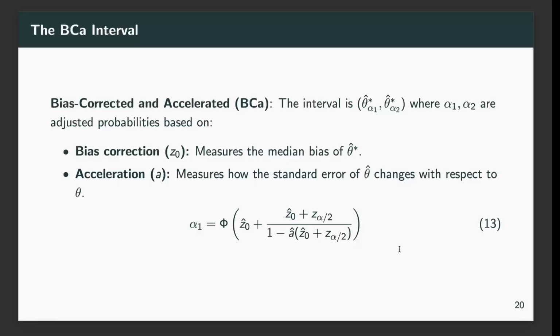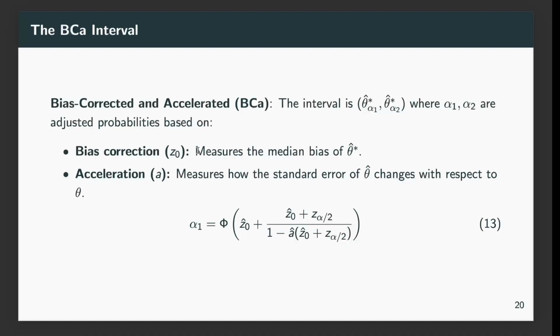Now let's look at these two points. Number one is the bias correction z₀. This measures the median bias of the θ̂*. The z₀ is the inverse normal CDF of the proportion of the bootstrap replicates that are less than the original estimate θ̂.